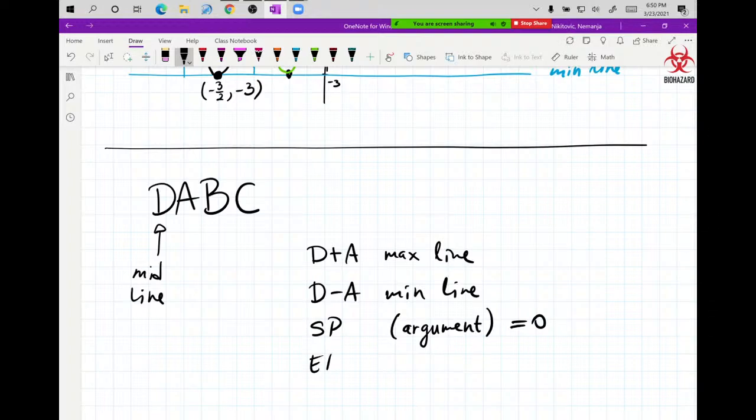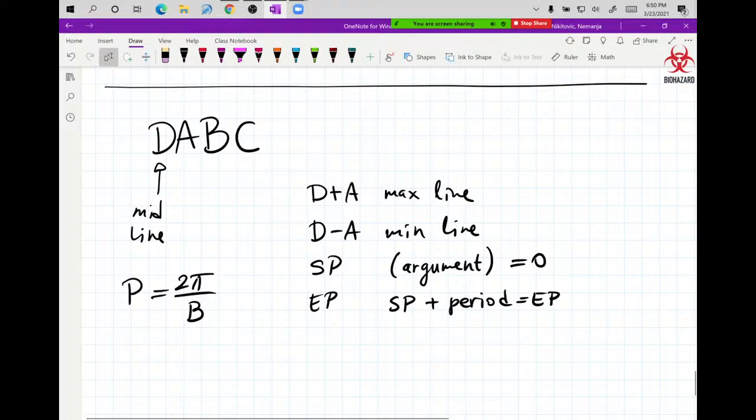And then end point is the start point plus period. Oh, and I forgot, you have to calculate your period, which is 2 pi over b. Guys, that's it.